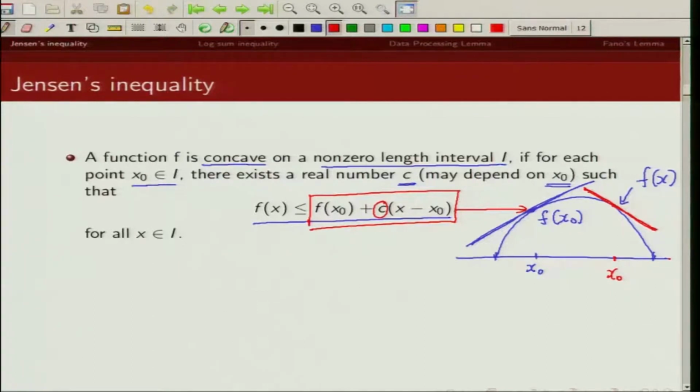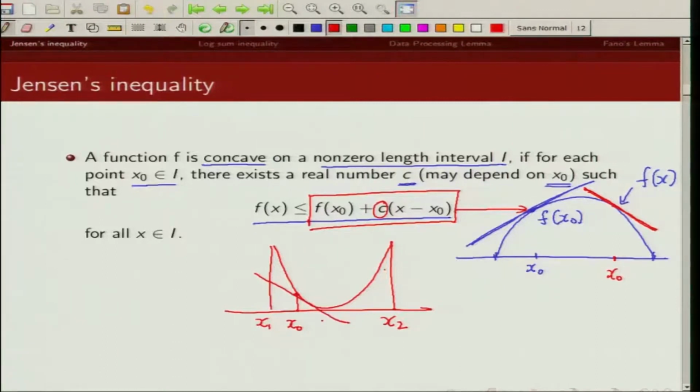Now if the function is convex, then you will have a function like this. Let us say this is a function defined over the interval x1 to x2, and take any point, let us say this point x0. If I draw a line passing through x0, then for the function to be convex, f of x should be above this line.